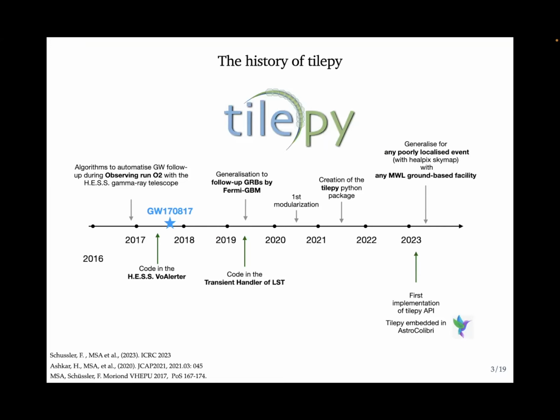And then after that, we generalized the codes for GRBs. We put the code not only in the HESS alerter, but also in the transient handler of LST, the Large Size Telescope of CTA.